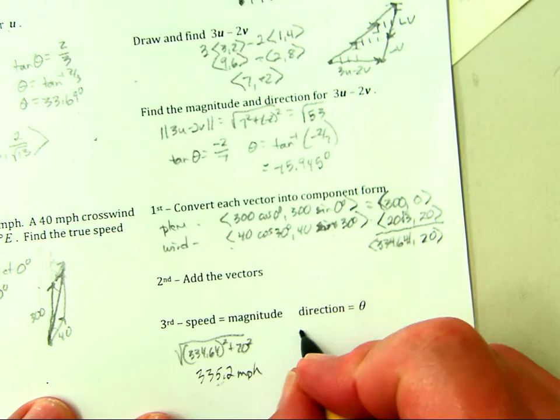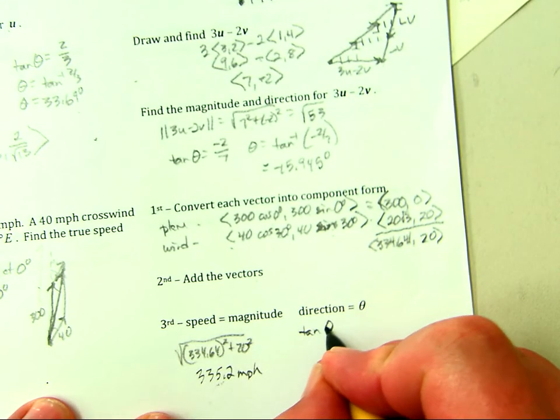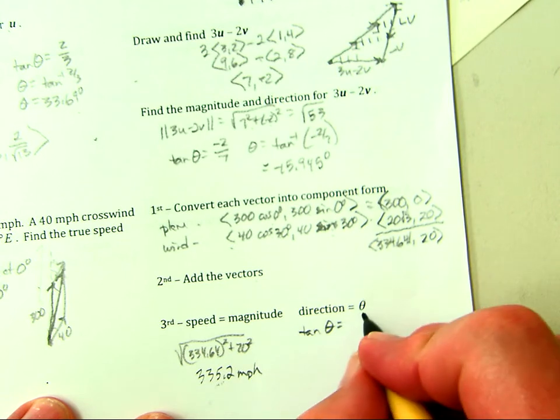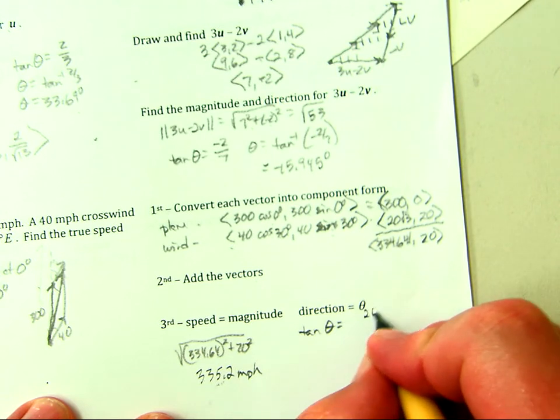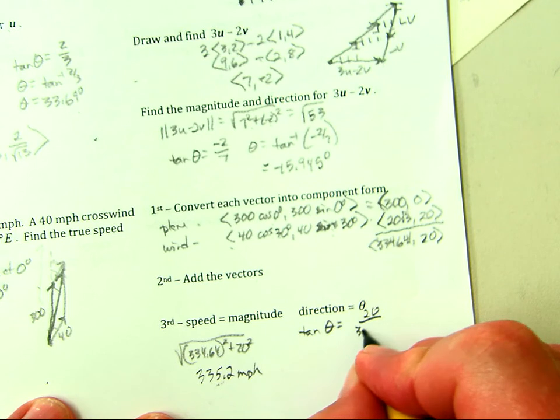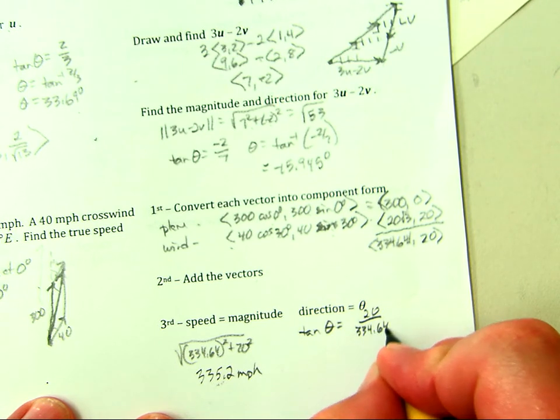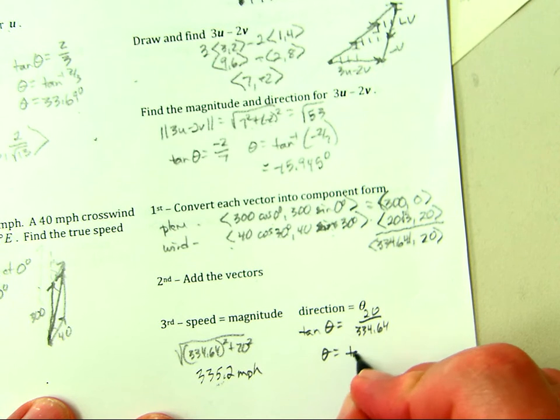For the direction, we know we have the tangent of theta equals 20 over 334.64. So theta is the inverse tangent of that.